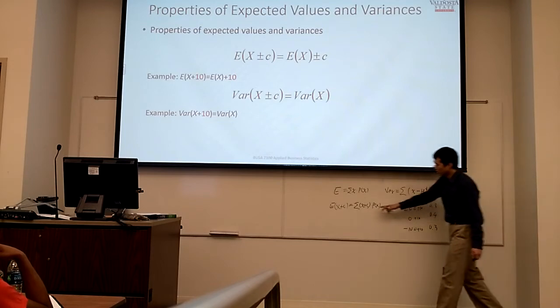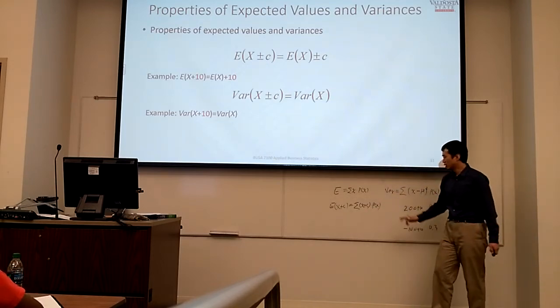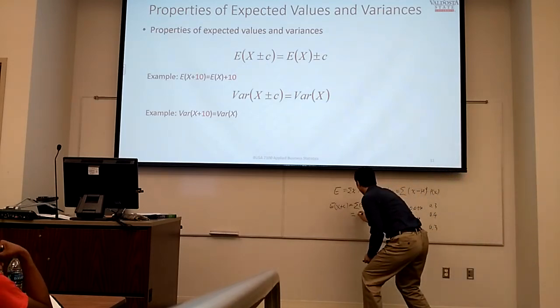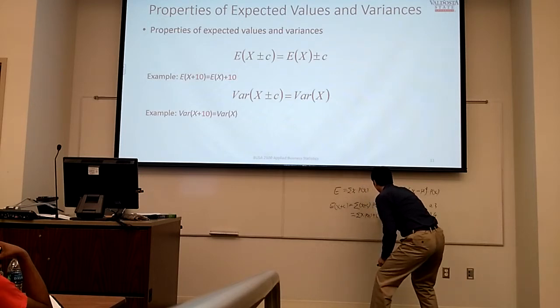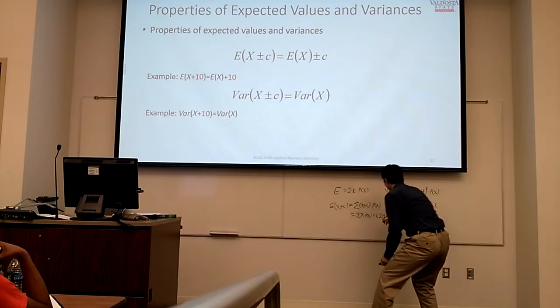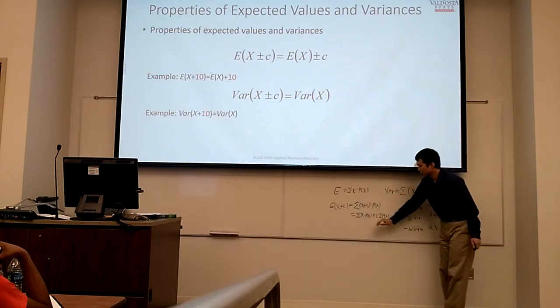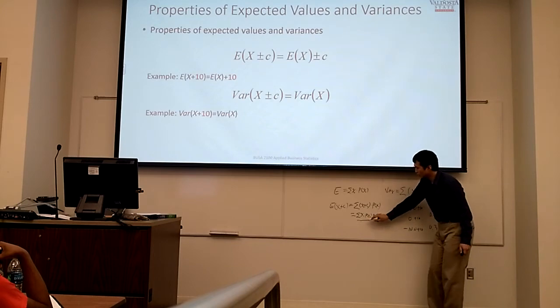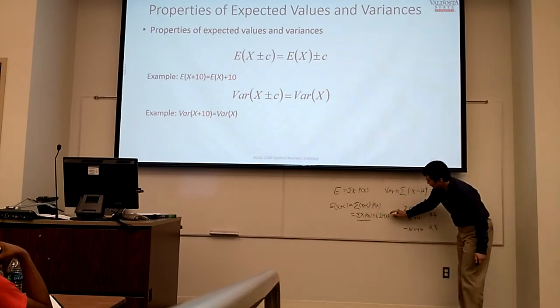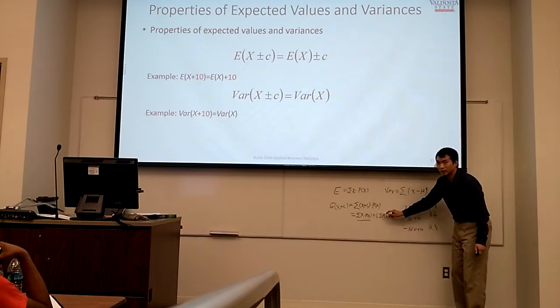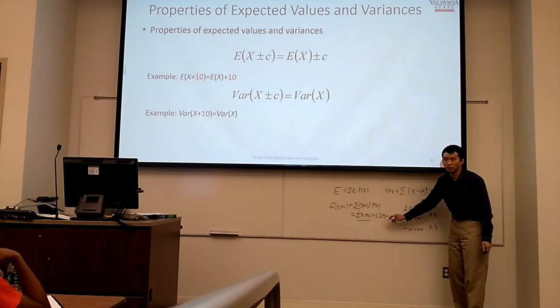So if we use this formula, eventually we will get this, our expected value, right? And the constant times the summation of all the probabilities.